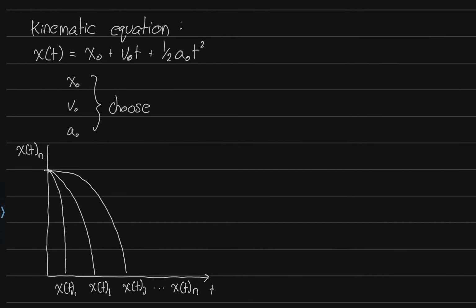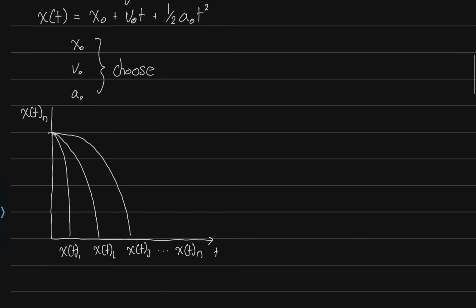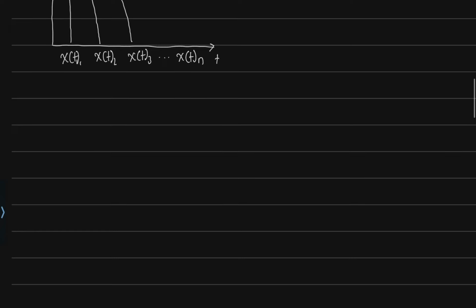Now, something else that I can do with this is further analytics. For example, I can find the derivative of my position function with respect to time, which will give me my velocity as a function of time.